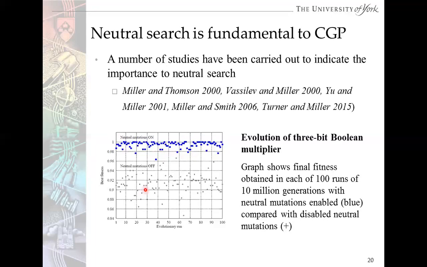The other points here are where you only accept a genotype to replace a parent if it has a better fitness, not equal. And you can see that in those 100 experiments, it wasn't able to solve this problem once. So it's quite compelling evidence.